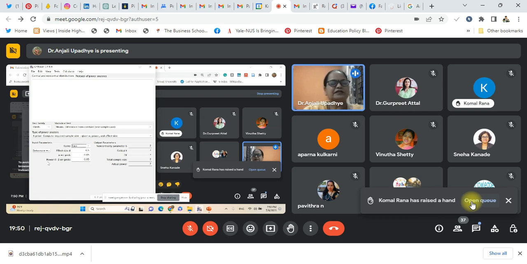Now, the power of test is already given as 0.95, but we can change this to 0.80. The minimum power of test we can take is 0.80. So, one minute, the calculation table will come over here.